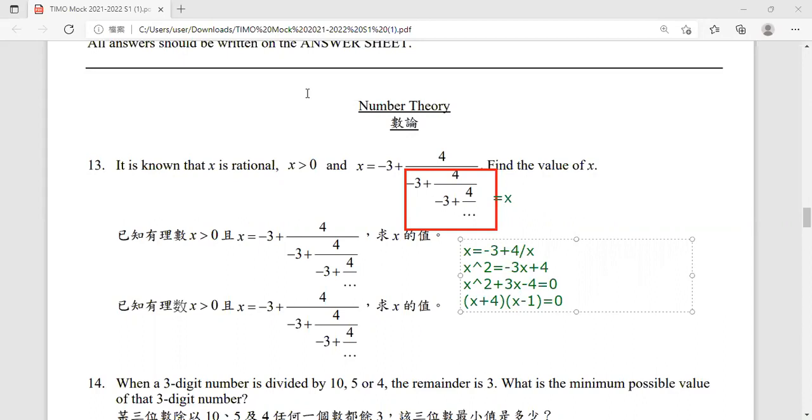Because x is greater than 0, x is equal to -4 or x equal to 1. Now, because I know that x is greater than 0, I have to reject this one. Rejected. So the answer is the value of x is 1.